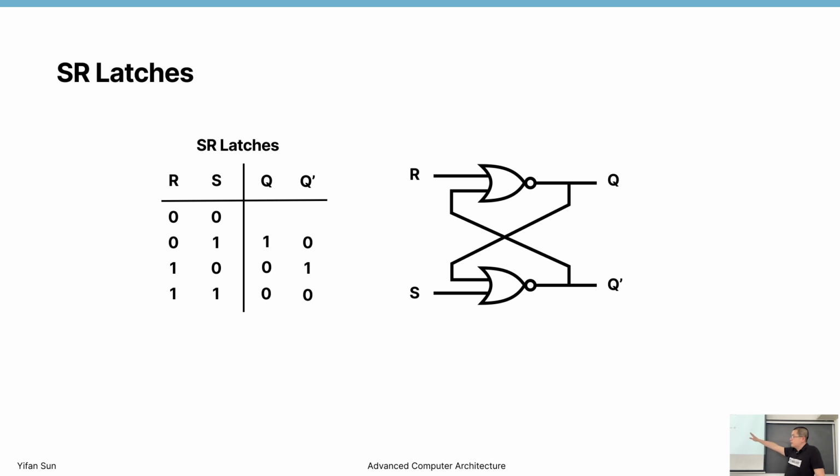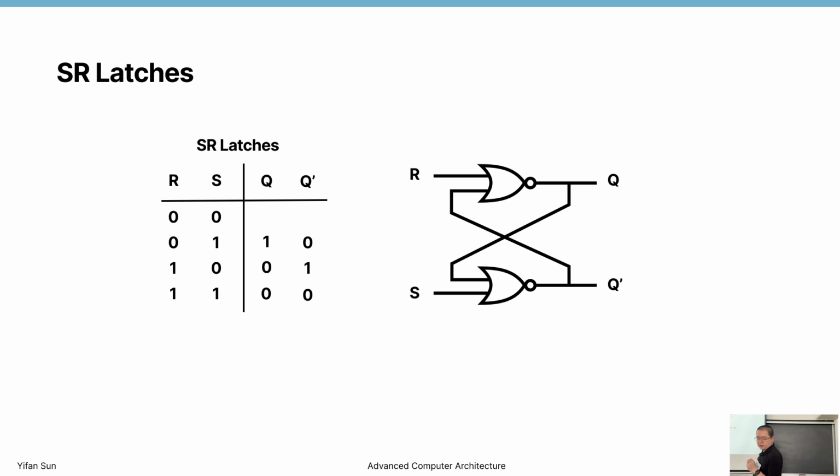So let's look at the second row, or the third row. If R is 1, we don't really need to look at this path. We only know R is 1. If R is 1, Q must be 0.